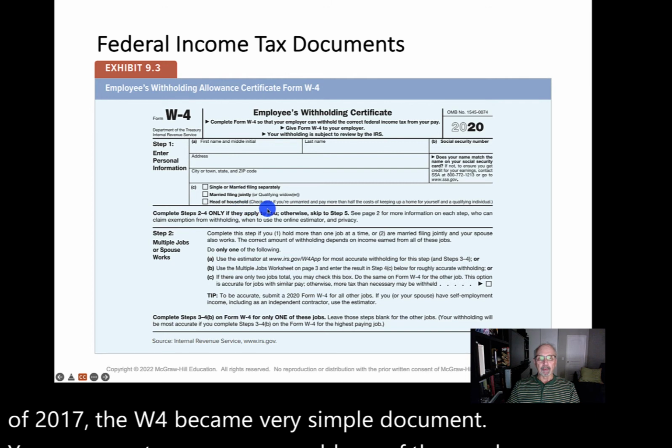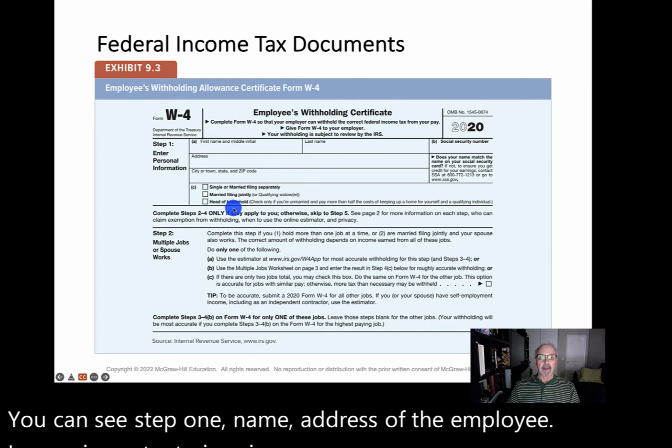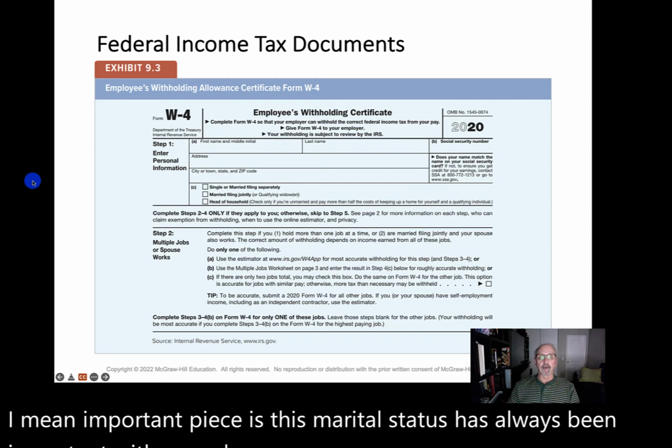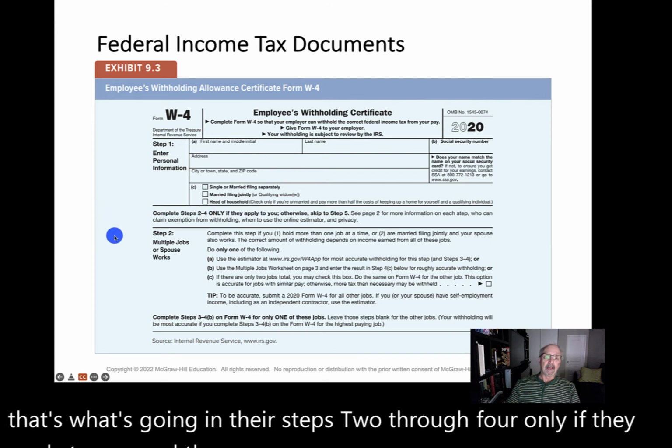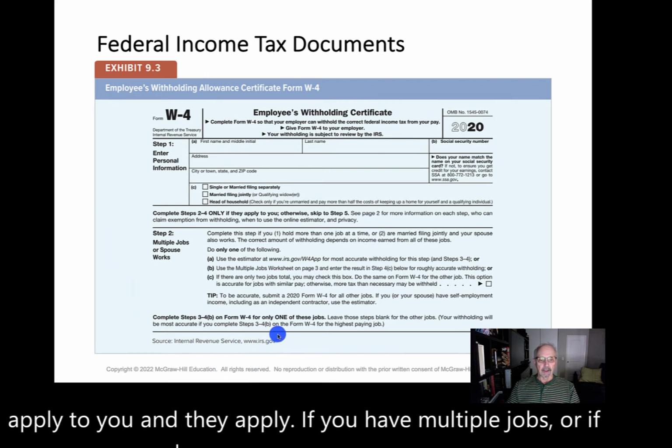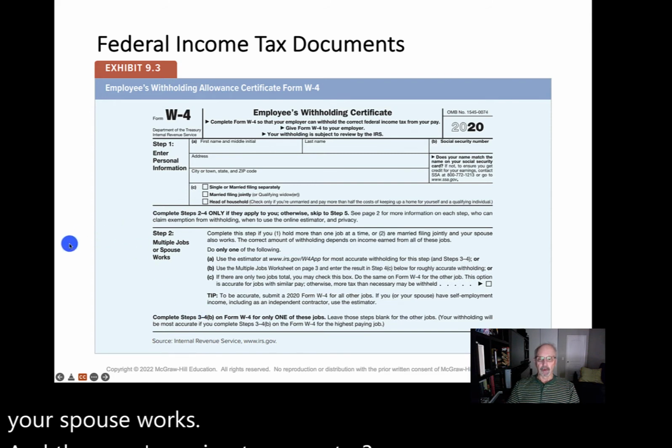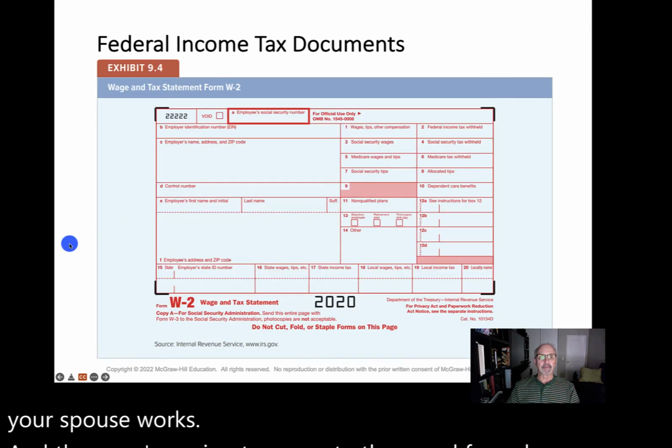The important piece is this: marital status has always been important with regards to calculating federal withholding. Steps 2 through 4 are only if they apply to you, and they apply if you have multiple jobs or if your spouse works. Steps 3 and 4 also have exceptions.